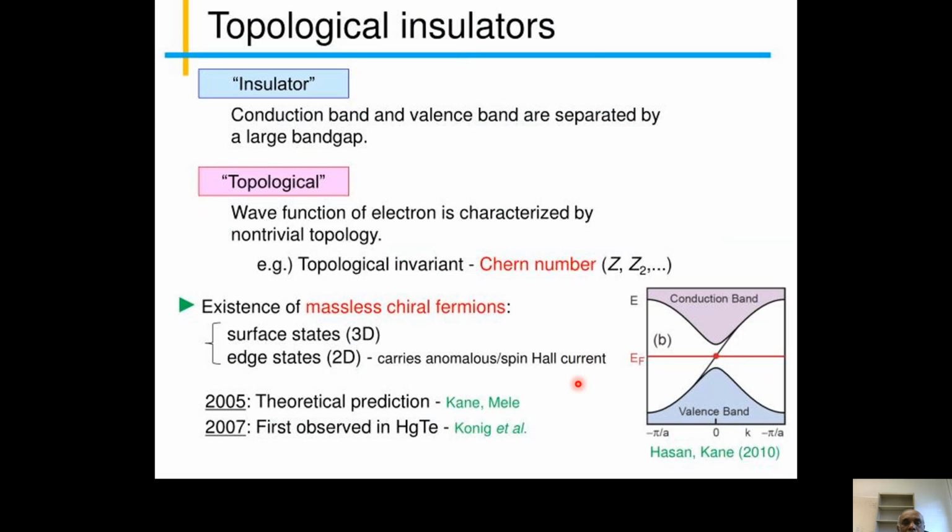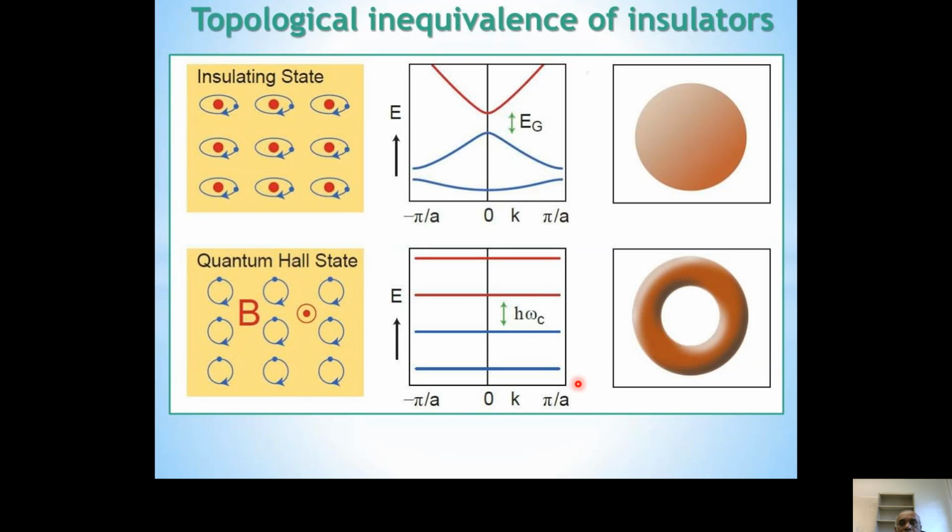So this is another summary of what we talked about, these topological insulators. Here's another summary of that one. Insulating state, but in the quantum Hall state, you have something called the Landau levels. That is related to this donut kind of structure.